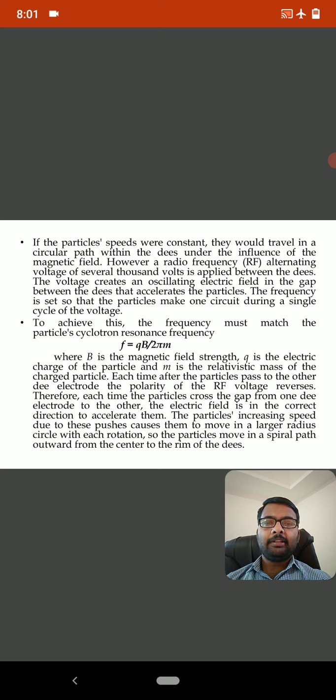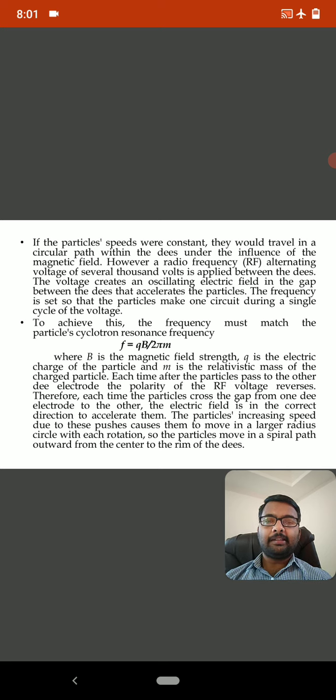So when the charged particles move from one D electrode to the other, there is a reversal in the radio frequency voltage. Because of that, the field is in the correct direction to accelerate those charged particles in the gap between the two D's.